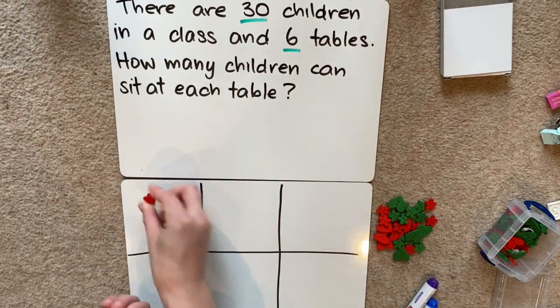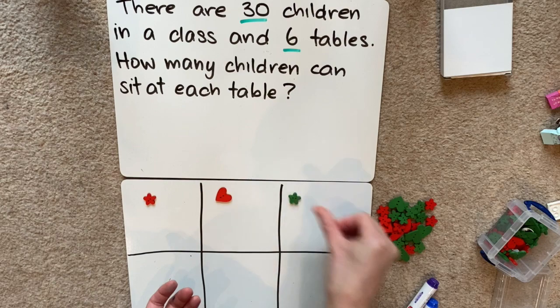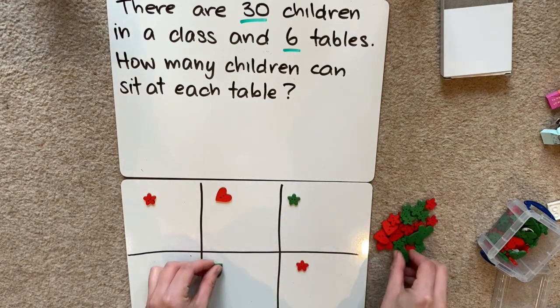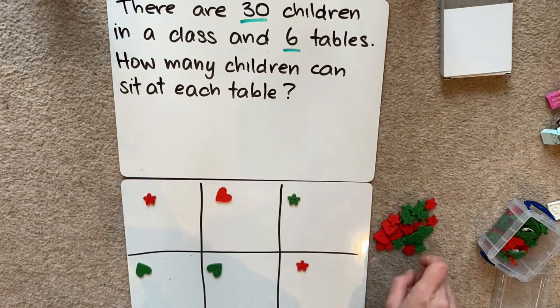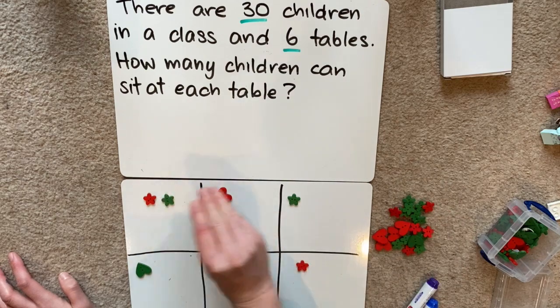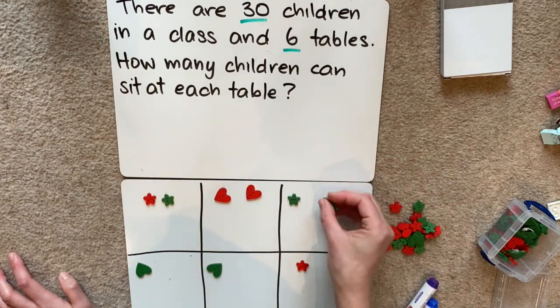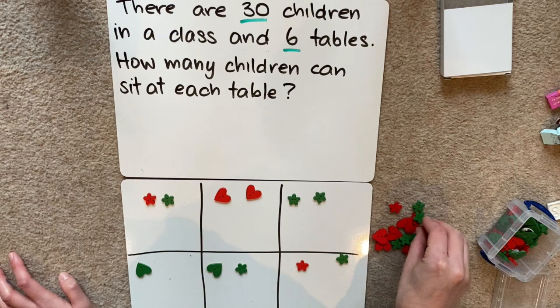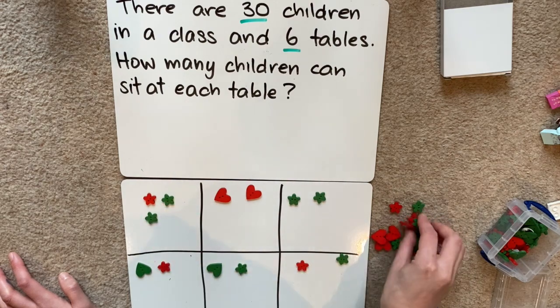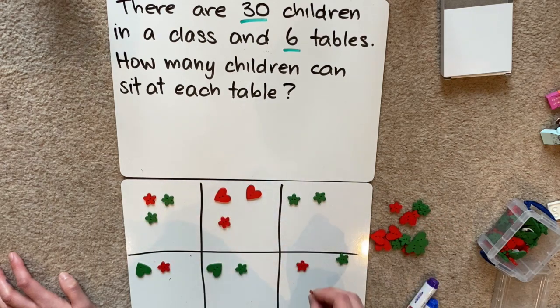So we're going to go 1 at each table first. These children also need to sit at a table. Oops, now I've lost count. Oh yeah, there we go.